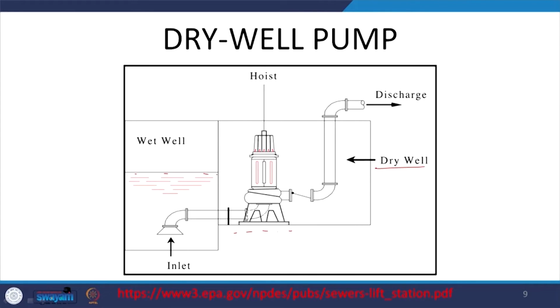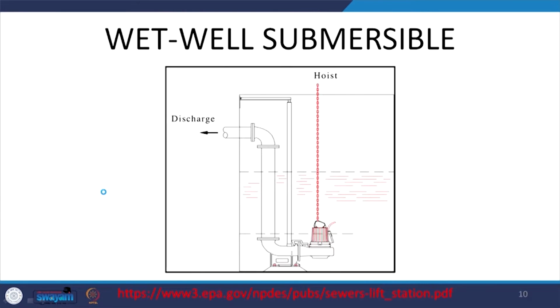From the wet well, this water is sucked in and brought up to the required head. So, this is the head that we are trying to increase. The other one is the wet well. Here you see that we do not have a separate dry well system, and the relevant pump is more or less a submersible pump.